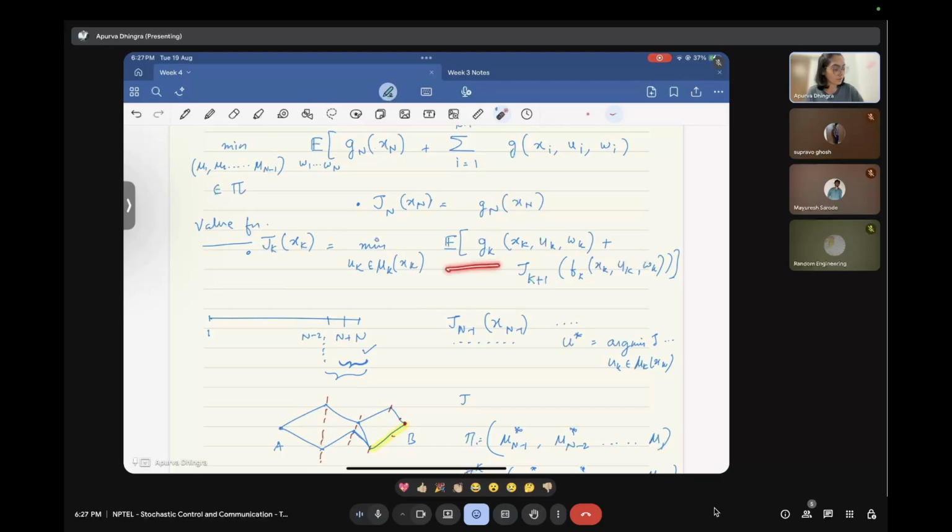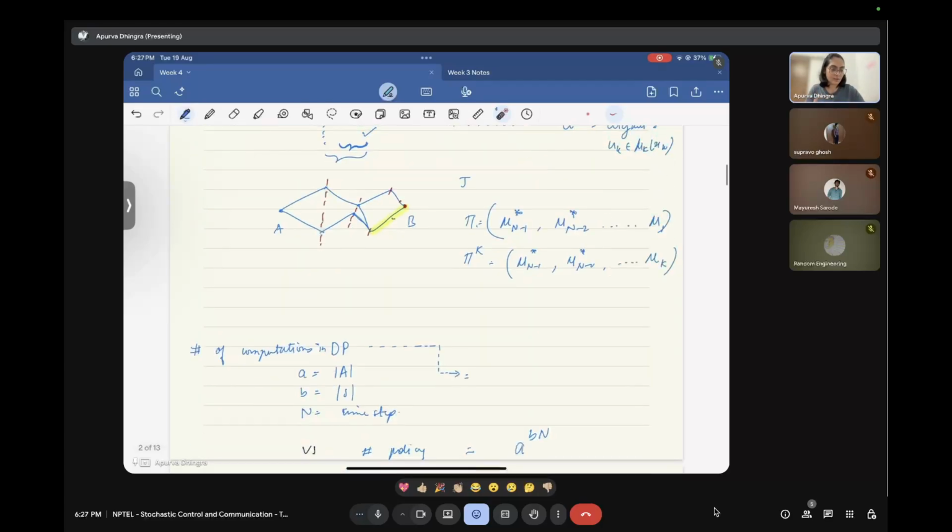Now, whatever this quantity is, we need to do it over all the possible actions, since we're minimizing over action. So we need the value of this expected utility for all actions for a given state, and there is a total number of states, so we multiply those two. This is just for one time step, one value of k, and we need to repeat it for the number of horizons, which means the total number of computations for a DP type calculation is a times b times n.